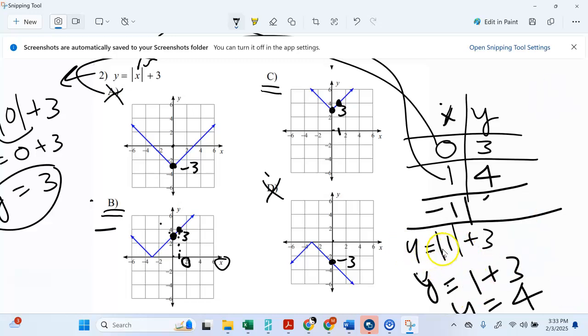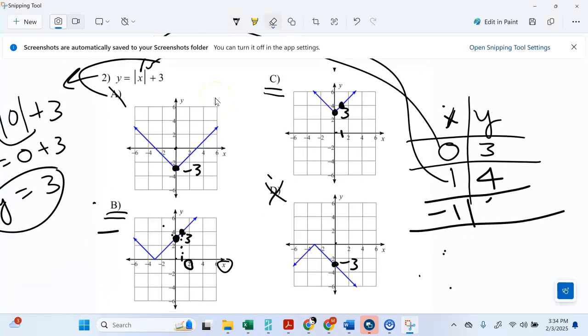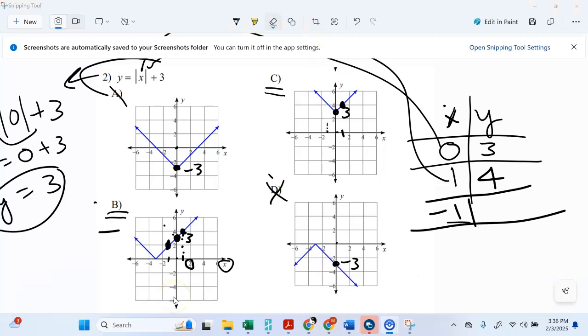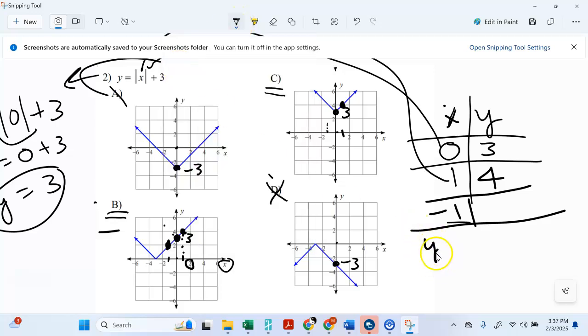I'm going to go ahead and erase this, okay? So again, I'm using this equation over here, right? And I've got Y equals, and that over here is going to be, instead of X, -1, plus 3.